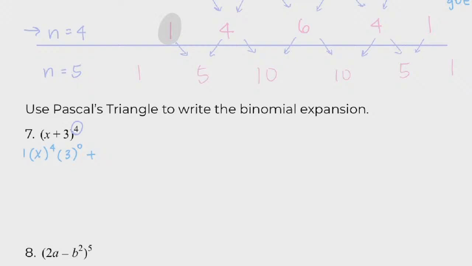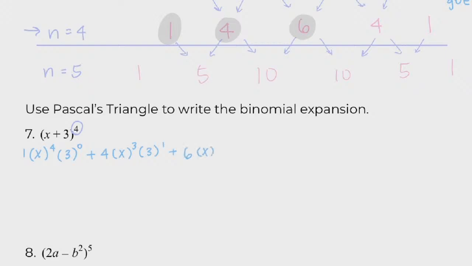Okay, next we're going to look at our triangle again, so it's at 4. And this time, the exponent of the first term, x, is going to go down, so it's going to go down to 3. And the exponent of the second is going to go up. So it goes up to 1. Then we look at our triangle again. Next one is 6.